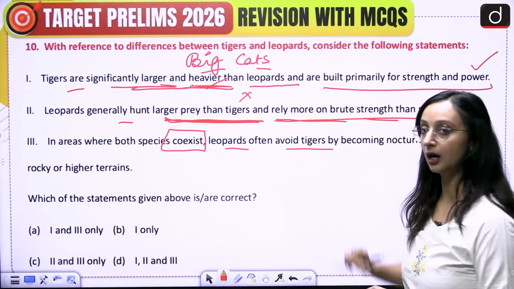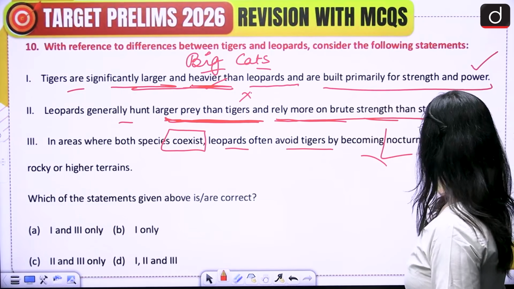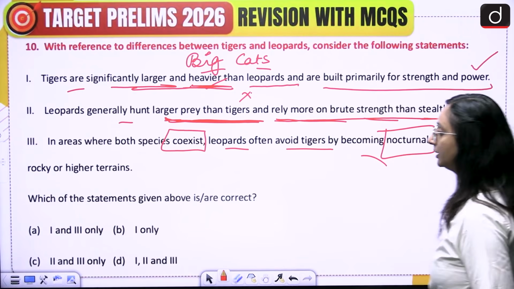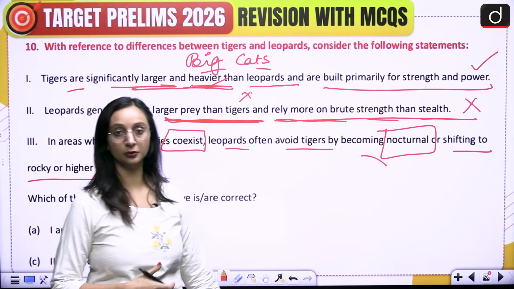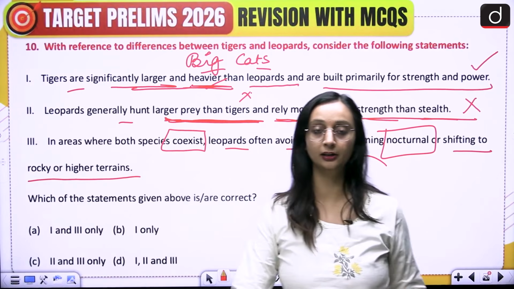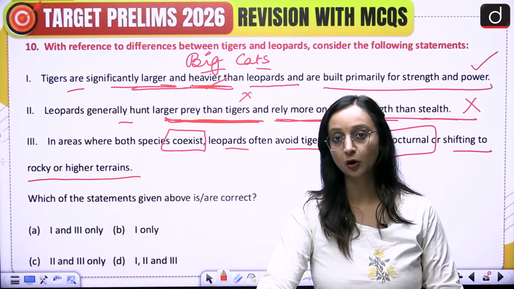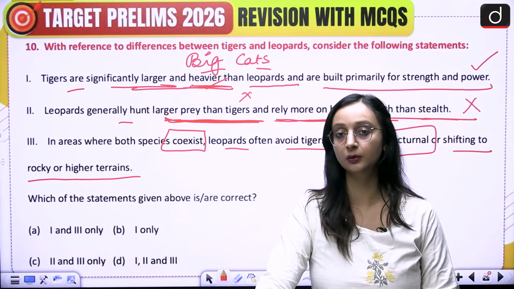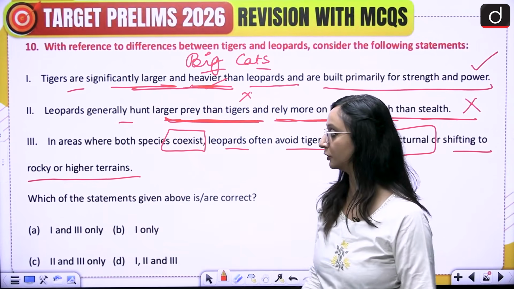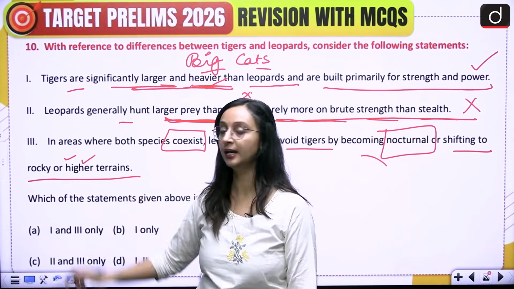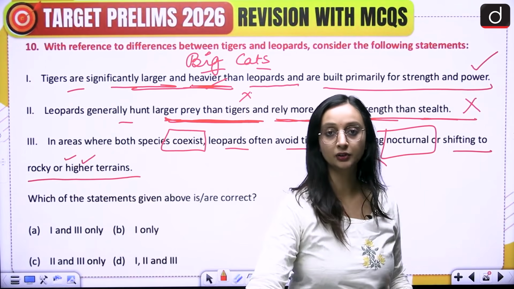They want to avoid tigers, so they become nocturnal, or they shift to rocky or higher terrains. They start being awake at night and go hunt at night because they want to avoid any sort of conflict with tigers. And wherever possible, they also try to change their location. They start moving towards rocky or higher terrains, and they leave the other area for the tigers.